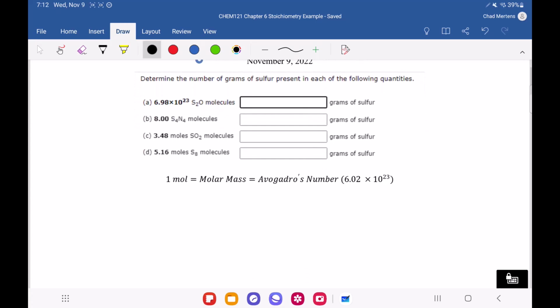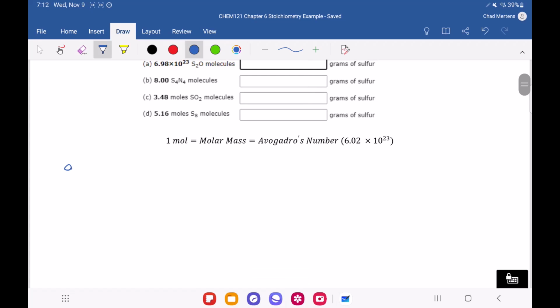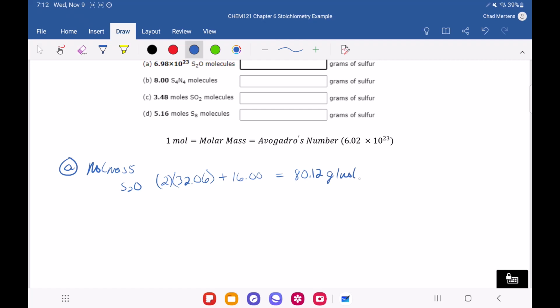So for part A, the first thing that I would do is try to find the molar mass of S2O. We know we have 2 sulfurs with a mass of 32.06 plus 1 oxygen, which is 16. And it gives us a mass of 80.12 grams per mole of S2O.